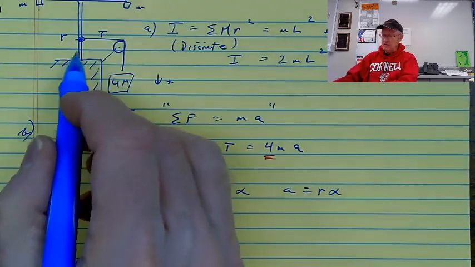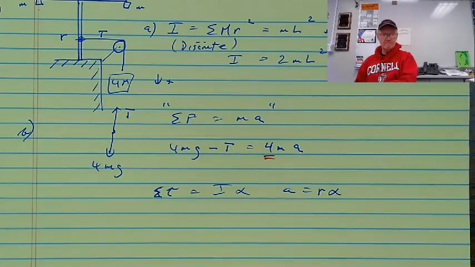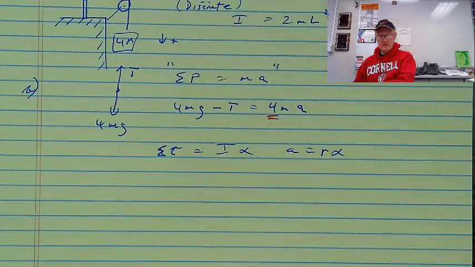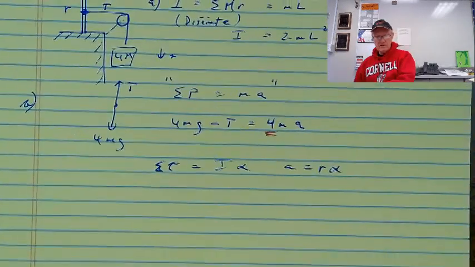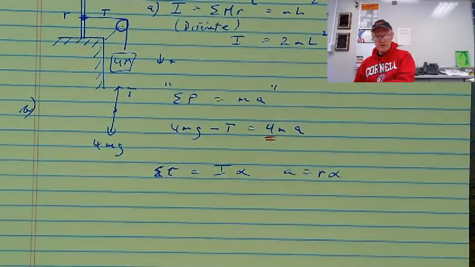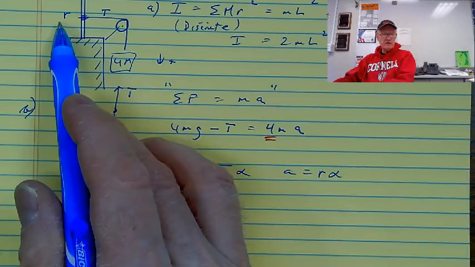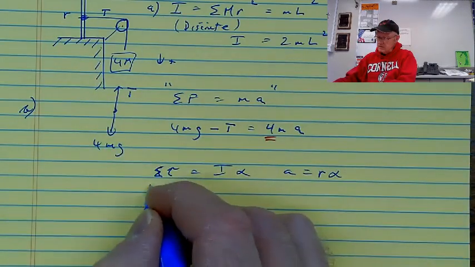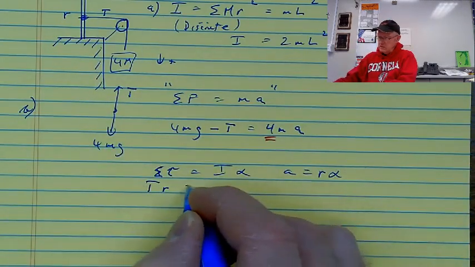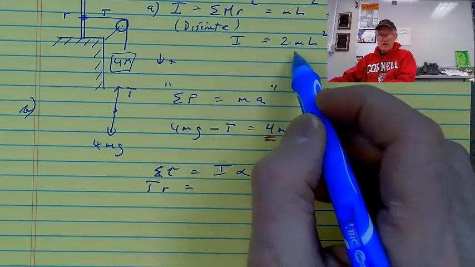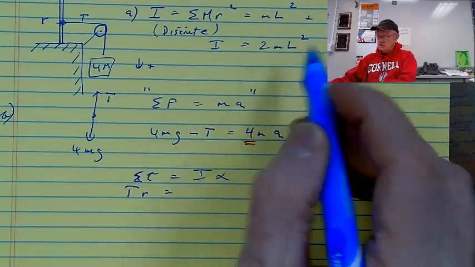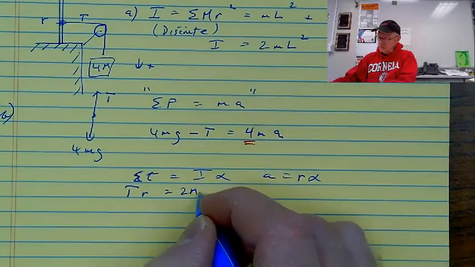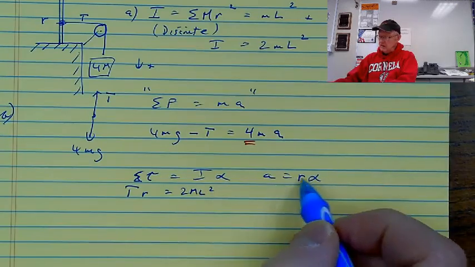Okay, so let's talk about torque. Torque is tension times radius, and that equals the I that we got right up here, 2ml squared times alpha. So alpha equals A over R. Okay?